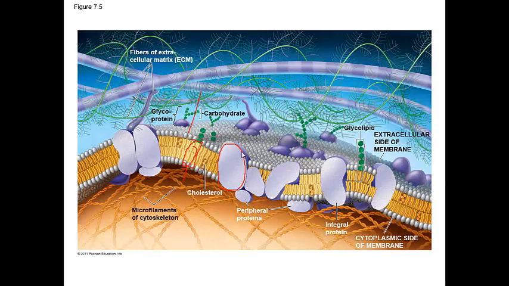On the inside of the cell membrane, here we see the cortex, and the cortex is made up of those actin microfilaments that give a cell its characteristic shape. And on the outside of the cell here, we see the extracellular matrix, which is made up of different glycoproteins, the most important one that you see right here being collagen. You can also see that embedded within the cell membrane is going to be cholesterol, and we're going to see what the function of cholesterol is in a minute.